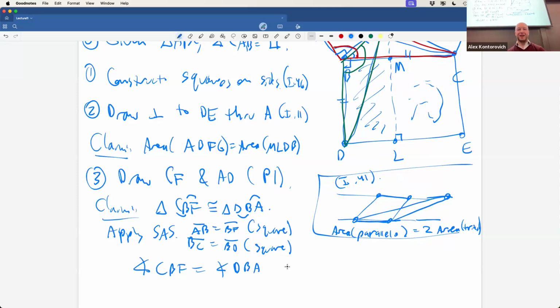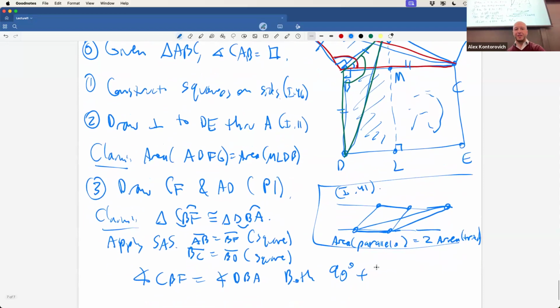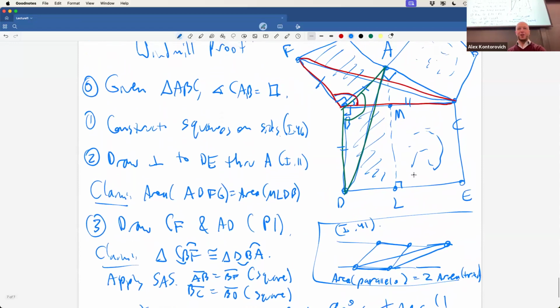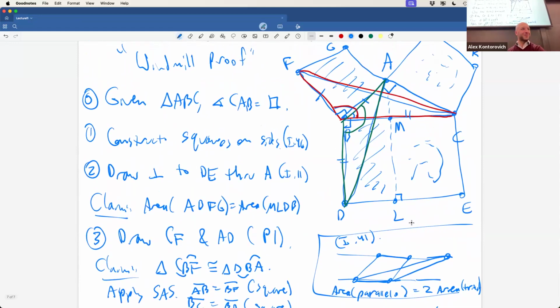Both are 90 degrees plus the angle at B, angle ABC. How crazy is that? So these two triangles are actually the same triangle.